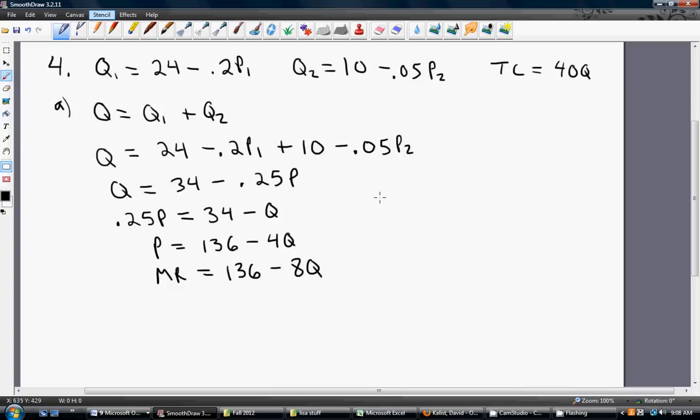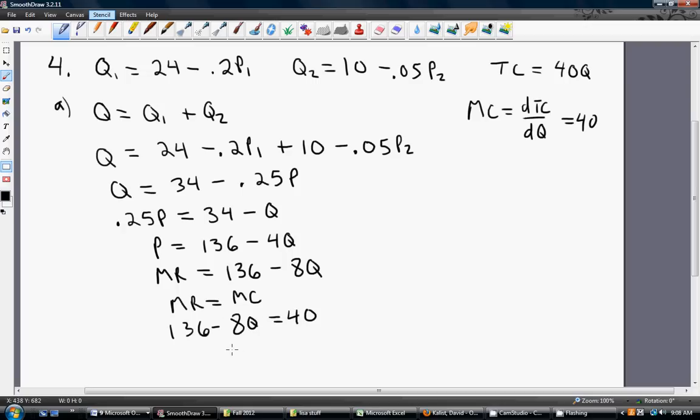Setting marginal revenue equal to marginal cost, marginal cost over here is just going to be 40. $136 minus 8Q equals the marginal cost of 40.